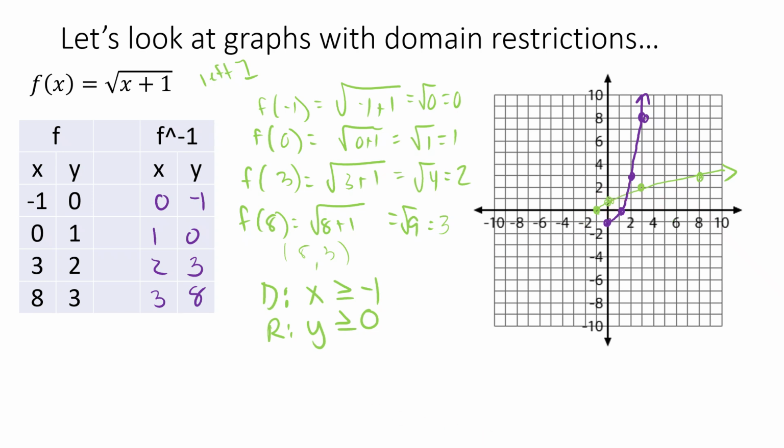So what that means is, for my inverse, the domain and range end up swapped. So we have x and y. The domain will be the same as the range here. So y was greater than or equal to 0, then I end up with x is greater than or equal to 0. And if my range is coming from the original domain, then my range would be y is greater than or equal to -1.